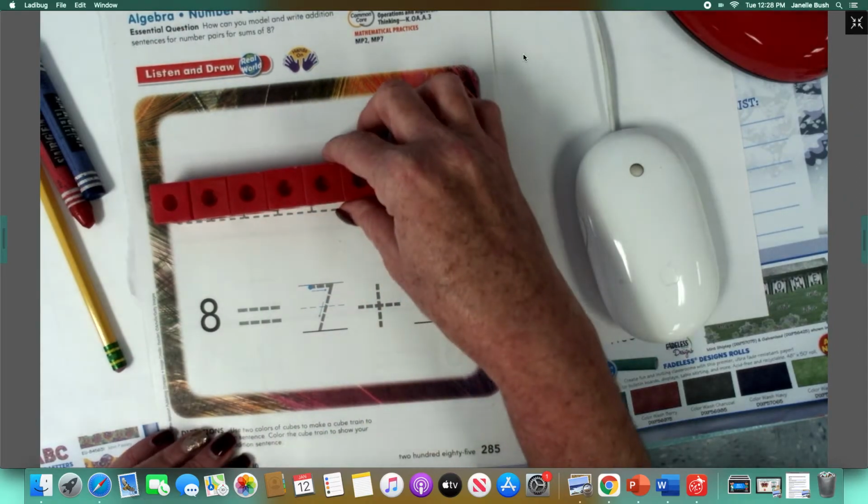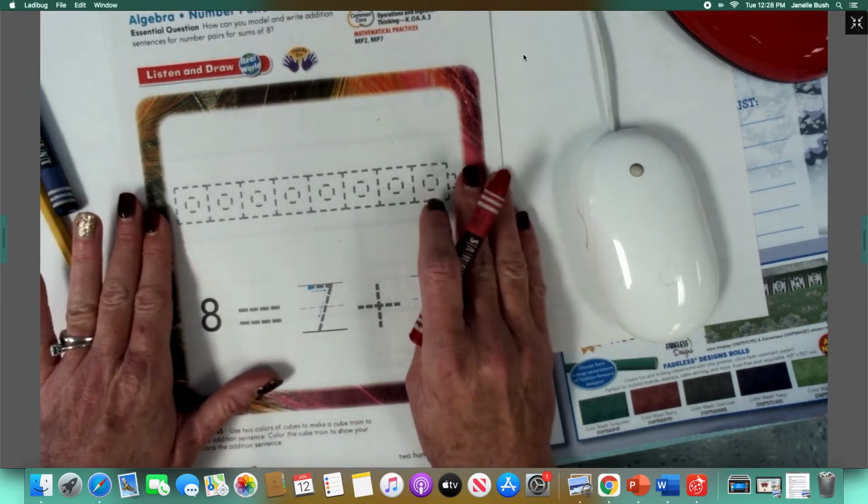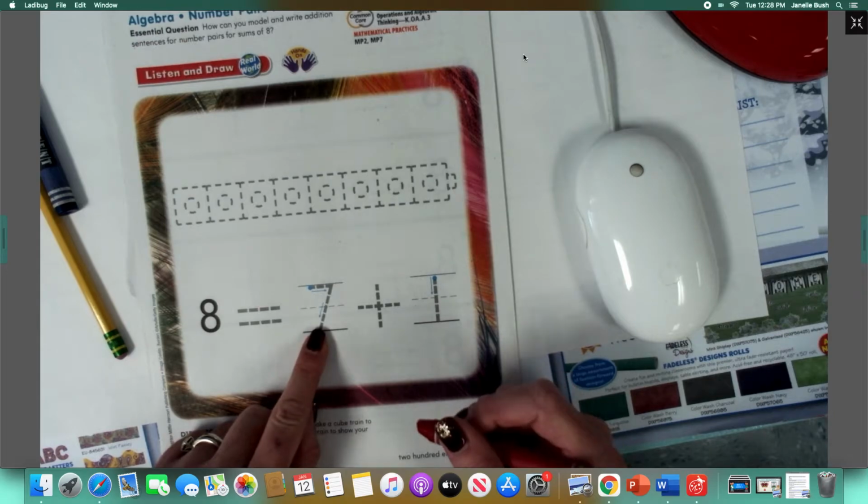Okay, so now let's move those out of the way. We're going to use our crayons and color this cube train to match this addition sentence. So we're going to start off and we're going to color how many red? 7.